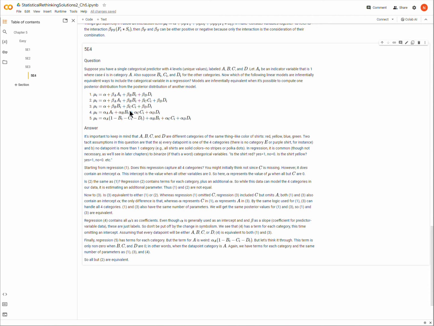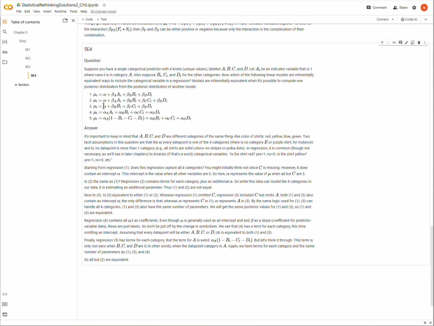But now the next thing is, is this equivalent to 1 and 3, or is it equivalent to 2, or equivalent to neither? So again, we can estimate each one of these terms, and each of these terms could line up with a term in both regressions 1 and 3, right?